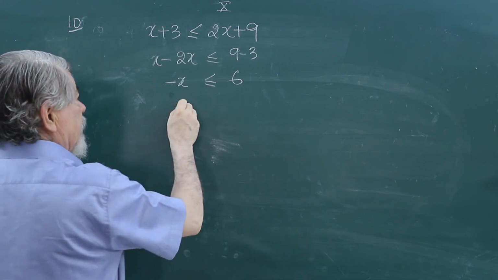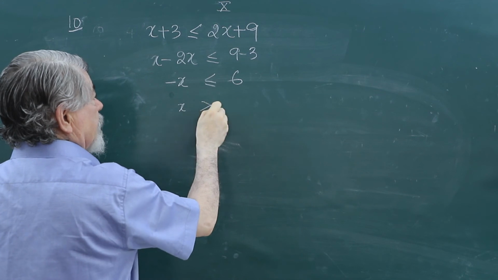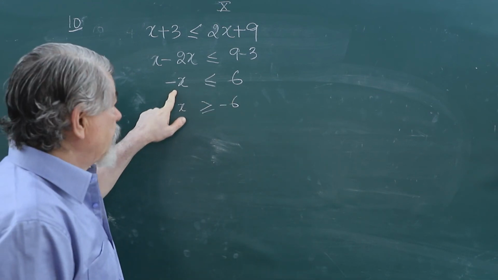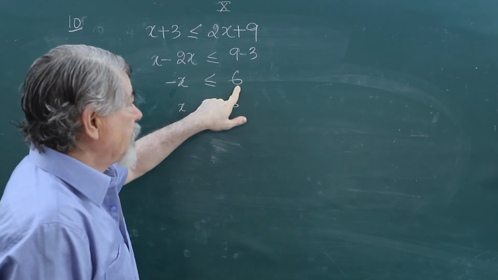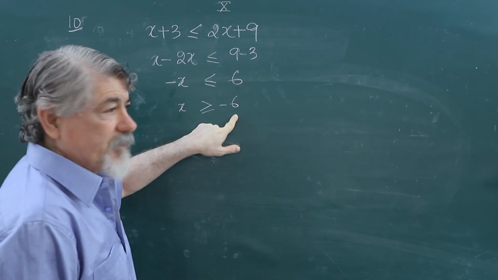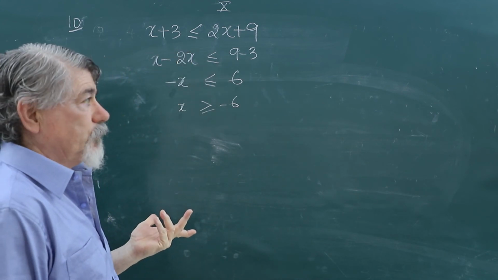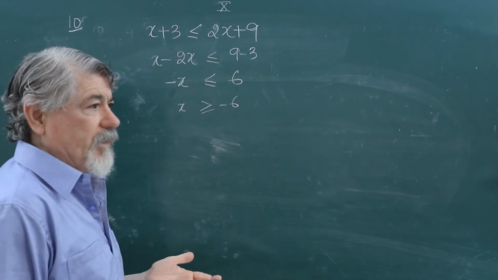It will become x greater than or equal to minus 6. If I multiply by minus 1, it becomes plus x, and minus 6, but the sign of inequality will reverse also. It is very simple to understand.